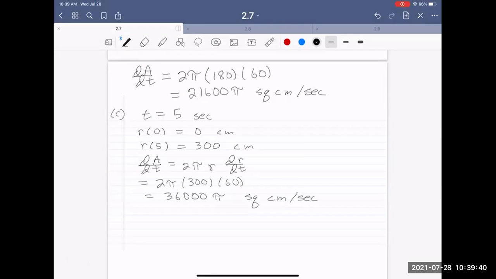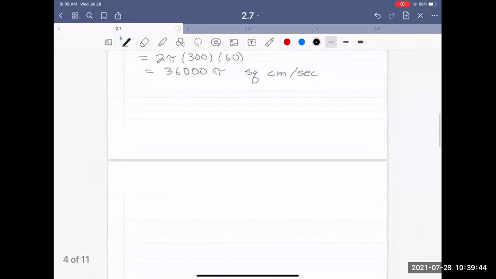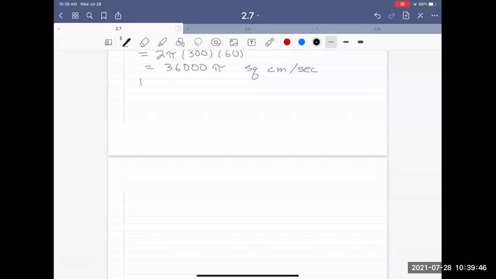So now what you should notice is for part A, so at 1 second, so maybe I'll write it this way.